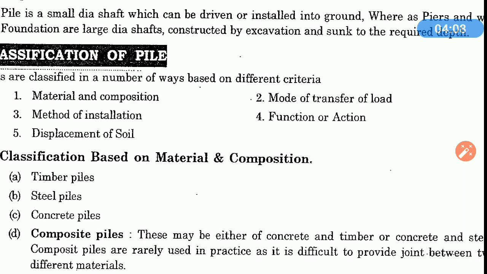A composite pile may be made up of concrete and timber, or of steel and concrete. But since we have to make a bond between two different materials, and as we know concrete is already a heterogeneous material, in the present day scenario composite piles are less preferred than the others.